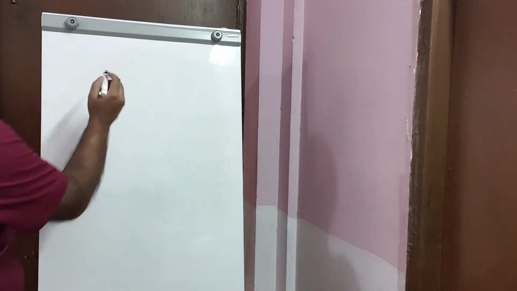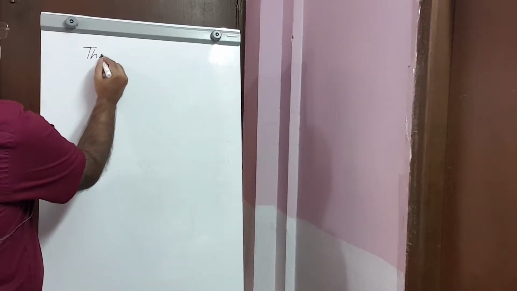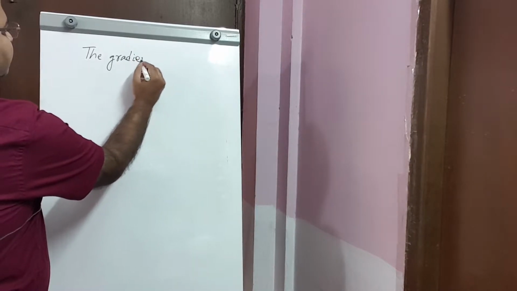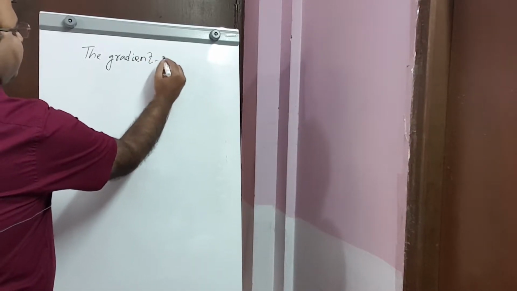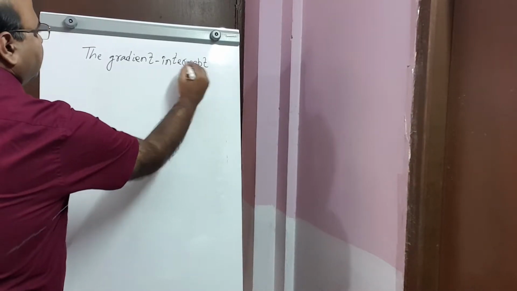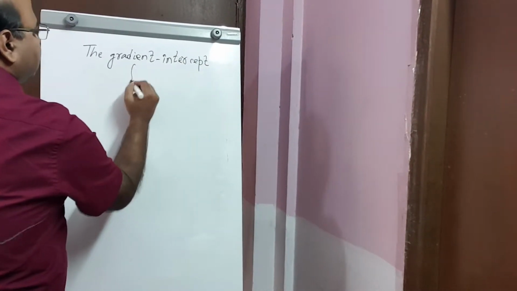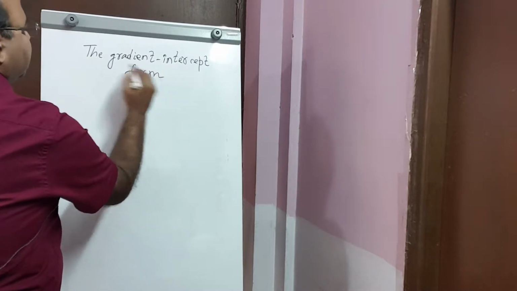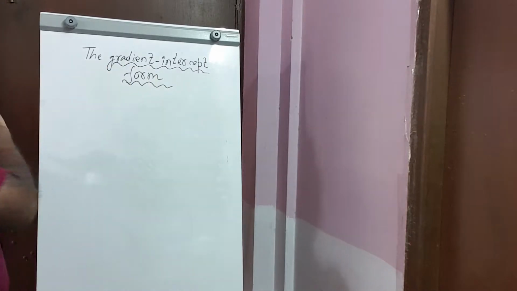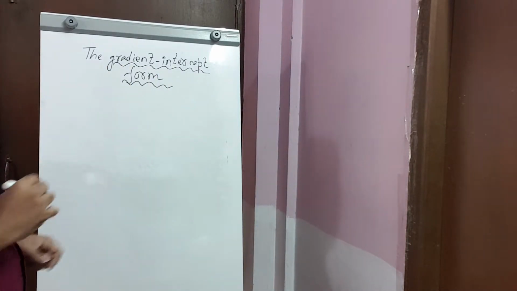So this is known as the gradient intercept form. Equation of an oblique line in gradient intercept form.